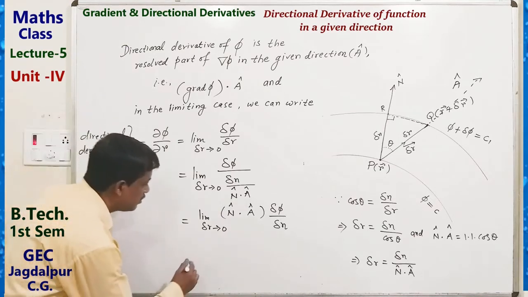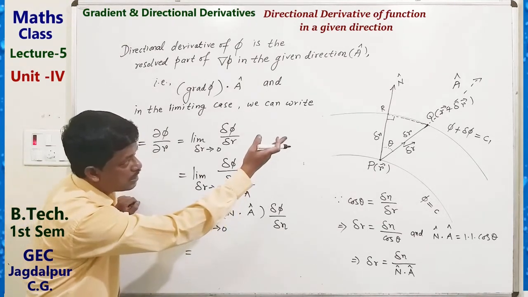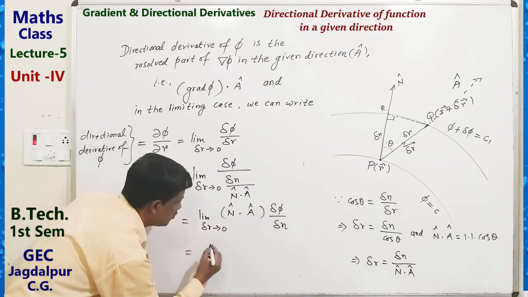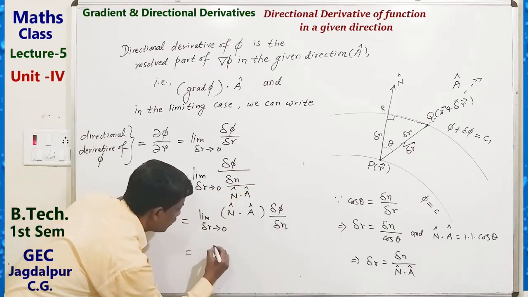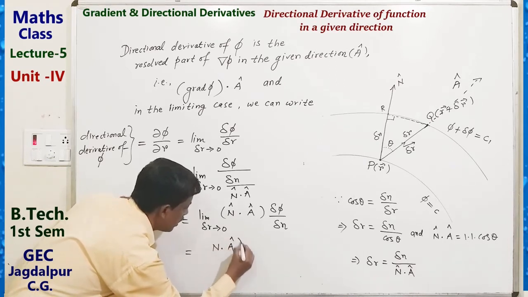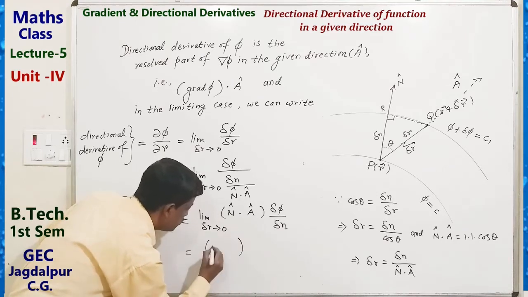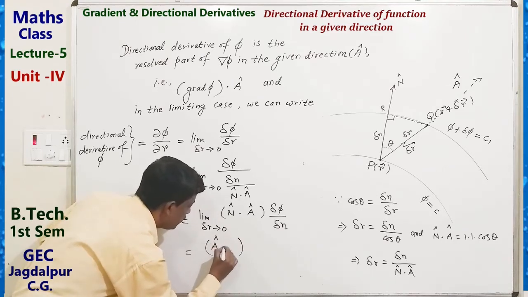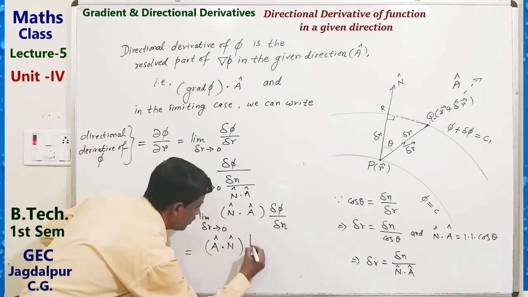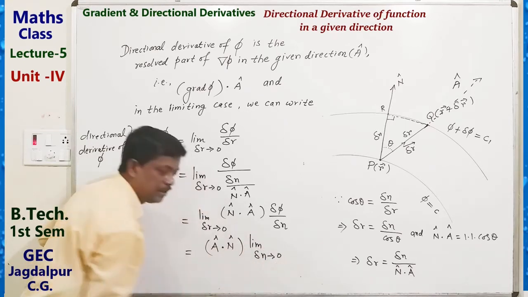In the limiting position, delta r tending to 0 means delta n tending to 0. The dot product is commutative, so we can write a cap dot n cap.